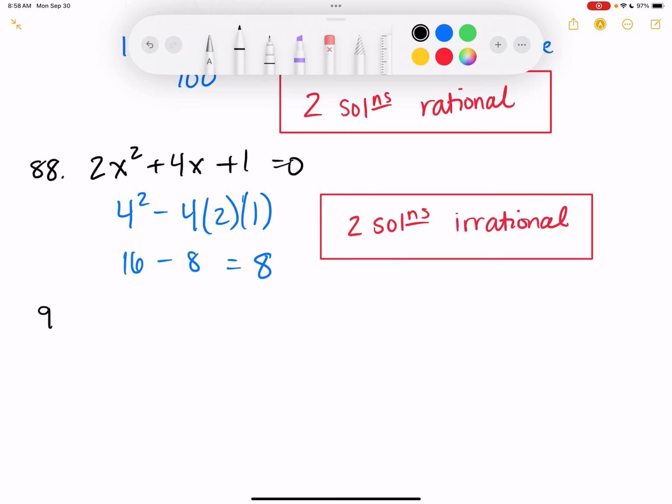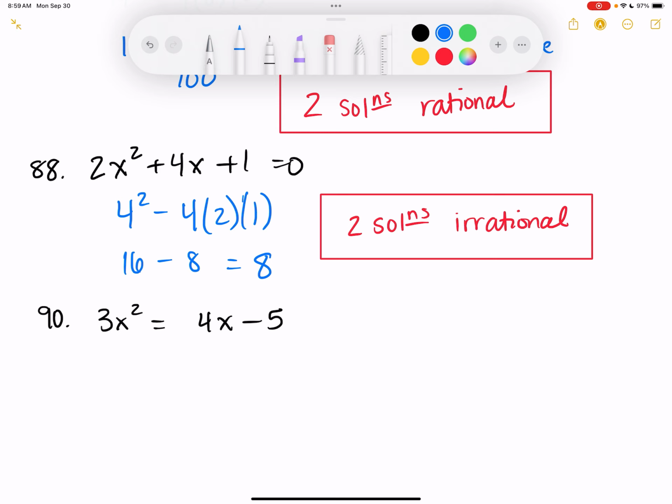93: 3x squared equals 4x minus 5. So I need to move everything over.